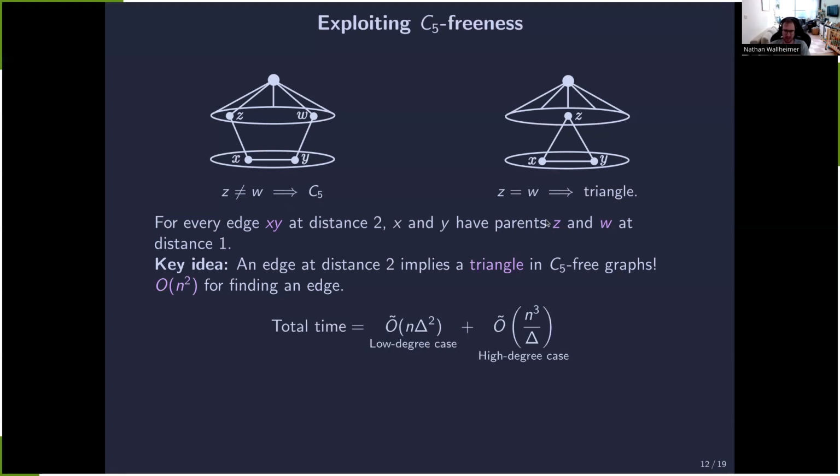So in total, we get the running time of n delta square for low degree and n cube over delta for high degree. We can balance the terms at delta equal n to the 2/3 to get n to the 7 over 3. Let me just say that this algorithm is not an optimal algorithm for 5 cycle free graphs, but this example is important to us to get the general algorithm.